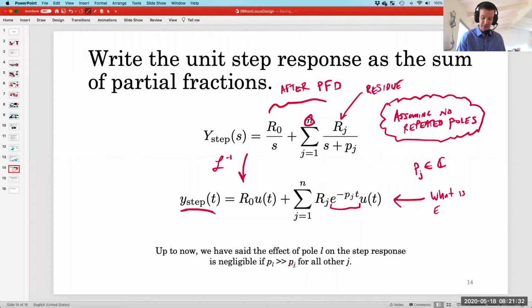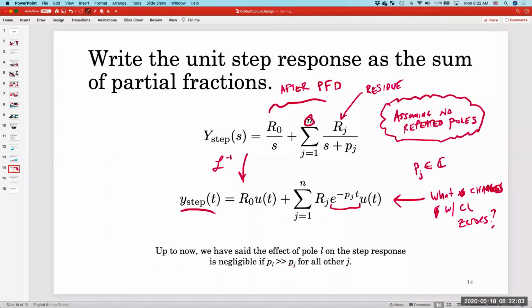What changes with closed loop zeros in this line? Is it the residue? Yeah, which one? R_j, I guess? Yeah, all of the R_j's. In fact, also even the R_0.